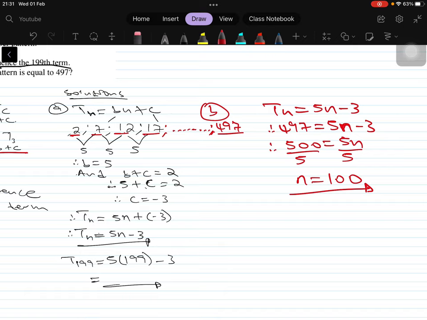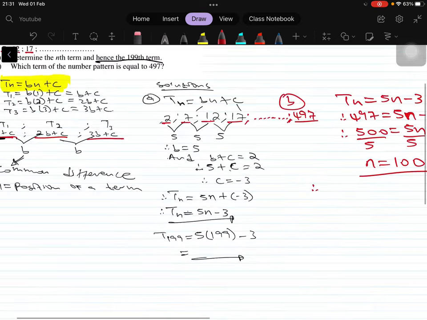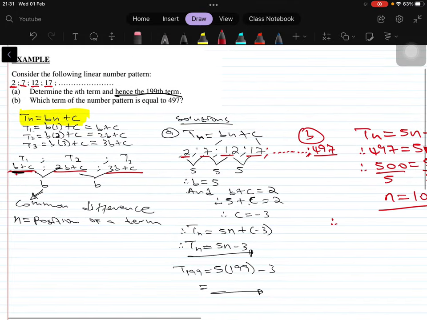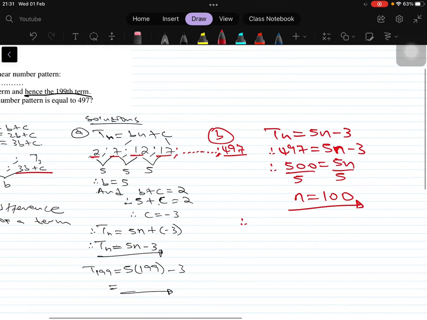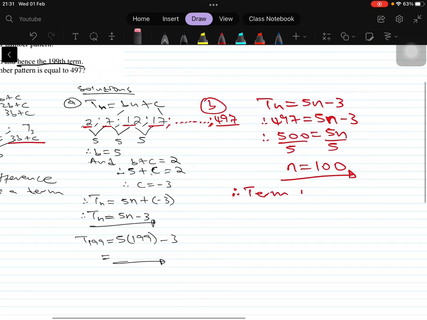So basically, to answer the question, because the question was asking which term of the number pattern is equal to 497, they were not really saying do these things. So once you've done your maths and you know the answer, then answer the question. Therefore, you can say term number 100 equals 497, or the 100th term.